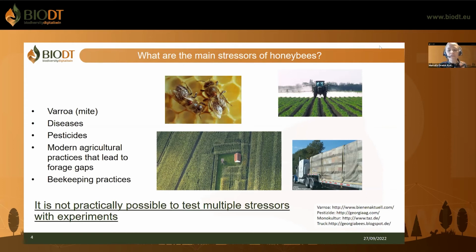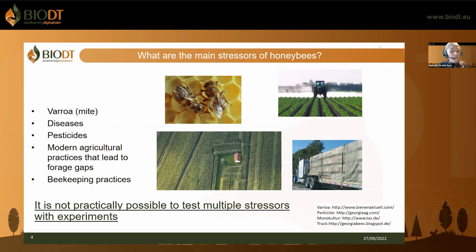A forage gap would be extended periods without any nectar supplies. There are also modern-day beekeeping practices. Now, no single stressor alone will necessarily lead to a honeybee population decline. Multiple stressors simultaneously do lead to honeybee population declines.